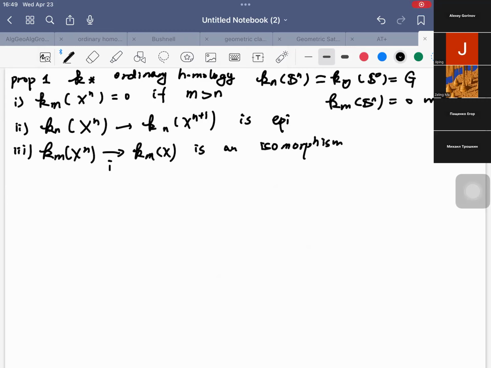Maybe we can give this map a name, i_n star, because i_n is the inclusion from X^n to X. Is it an isomorphism for which m? If n is less than, sorry.